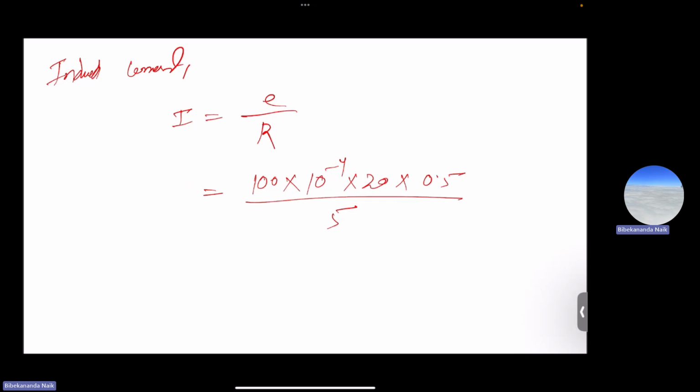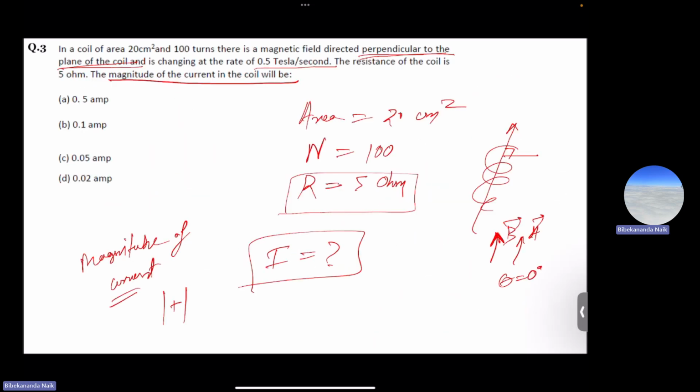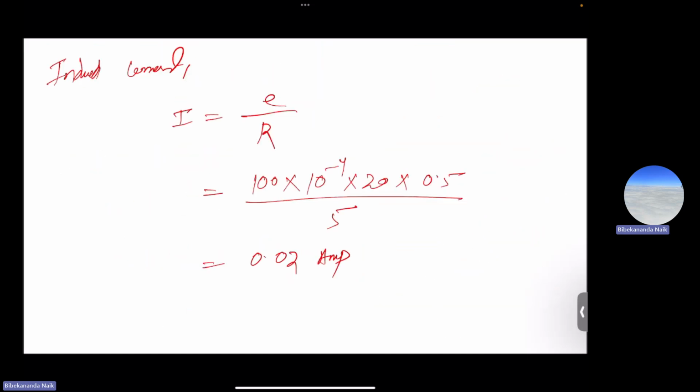So if you calculate, it will give you 0.02 ampere. So the correct option is option D, 0.02 ampere. Here no information about direction is given or direction is needed. We are only calculating the magnitude of the induced current.